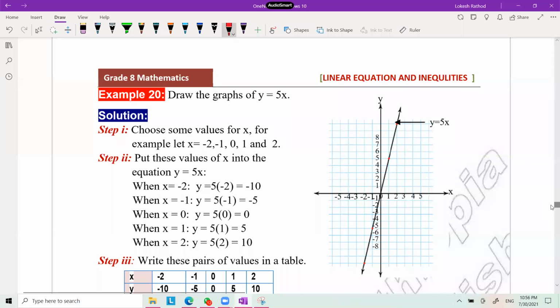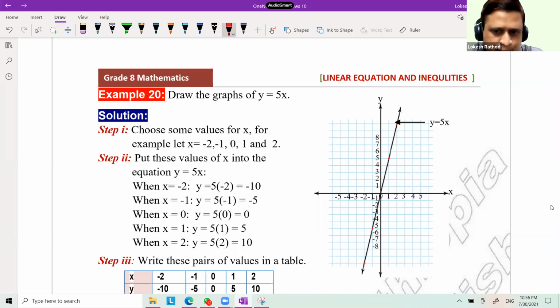For example, we are given y is equal to 5x. Using the formula of equation of line, can we find the slope? Yes, slope we can find. For the y equal to mx line, m is slope.